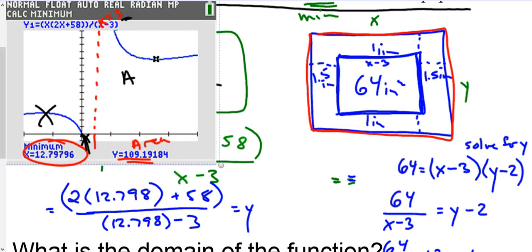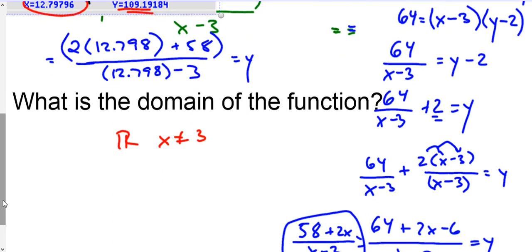So where is our area greater than 0? Look at this. It's greater than 0 for all x values greater than 3, greater than the vertical asymptote. So our domain with the constraints of this problem is all x values greater than 3.